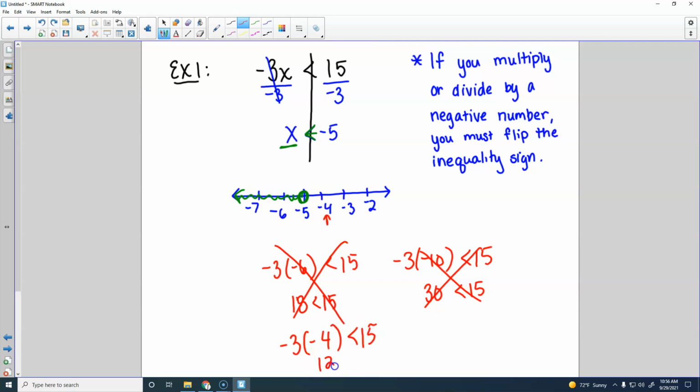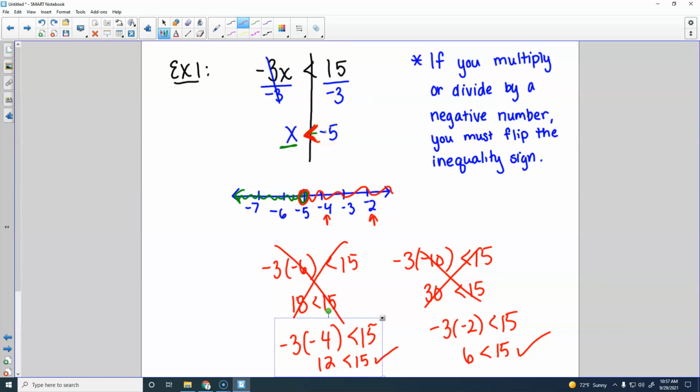That would give me positive 12. Is positive 12 less than 15? Yes. Or if I did negative 3 times negative 2, that's over here also. That'd give me 6 less than 15. Is that true? Yeah. So what's the problem here is I really should have shaded in this direction. But I didn't because I went with the same sign that I had here before.